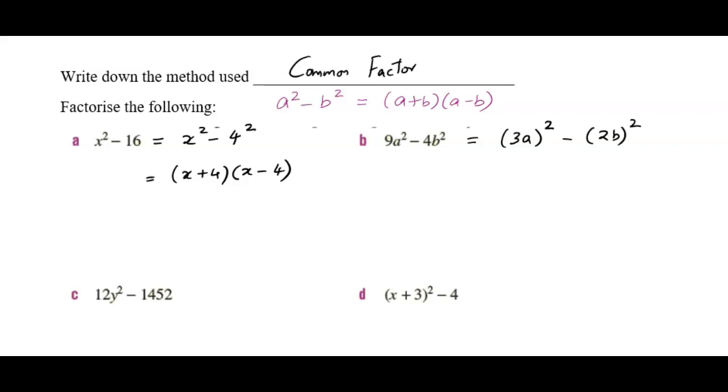Now we have the expression written in the format of a squared minus b squared. So we now apply the difference of perfect squares rule, the two brackets being 3a plus 2b times 3a minus 2b. Alright, and that completes that example.